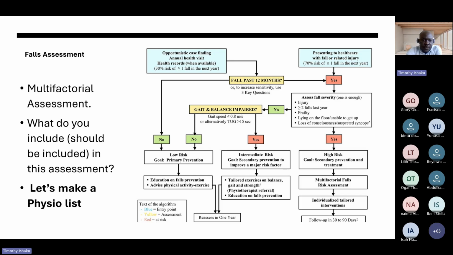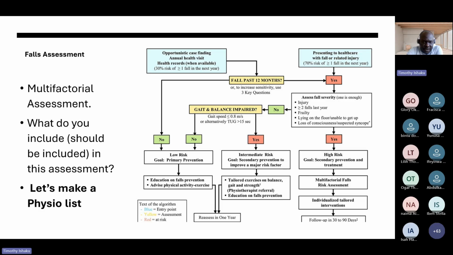And if they've fallen, they will tell you they fall, and then that's a yes. And then we assess the fall severity. I'm looking at the pathway on my right hand side, so it will be also hopefully on your right hand side. I'm looking at the yes category. We assess the fall severity.